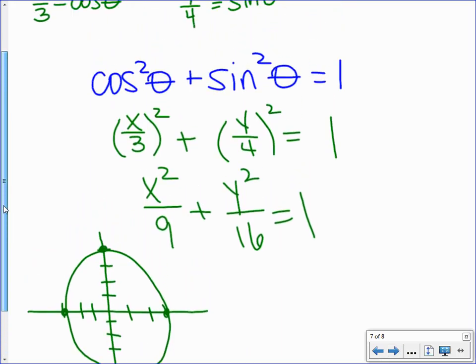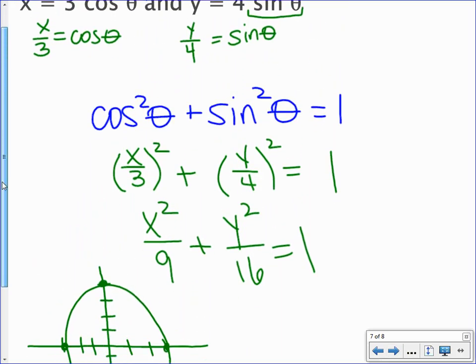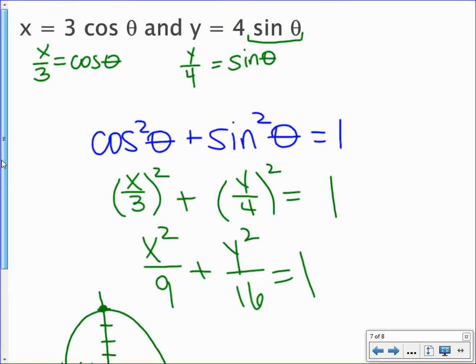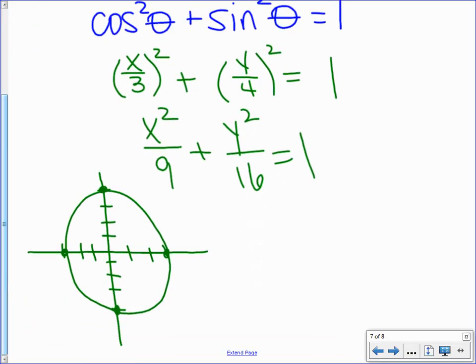Since this is defined by theta, I would plug in some nice radians. Let's think about plugging in 0. When we plug in 0, 3 times cosine of theta is 3. 4 sine of 0 would be 0. So here is theta is 0, right there.